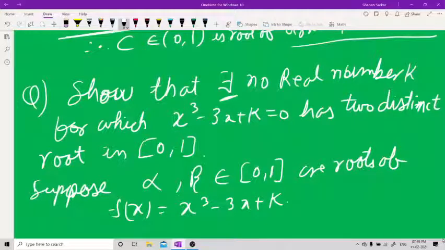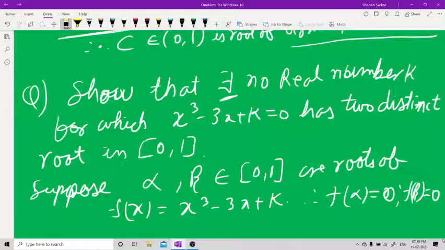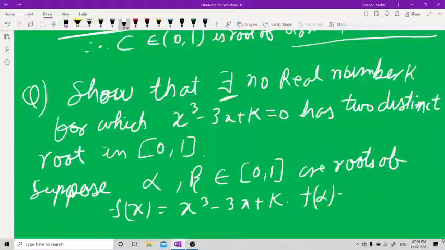That means f of alpha is 0 and f of beta is also 0. Since alpha and beta are roots, f of alpha will be 0 and f of beta will also be 0. Let me rewrite: f of alpha is 0 and f of beta is also 0.